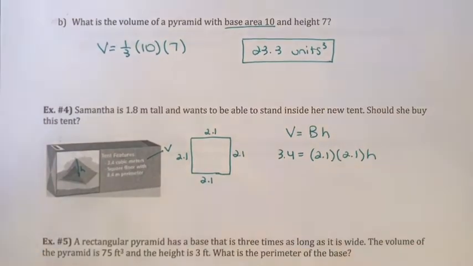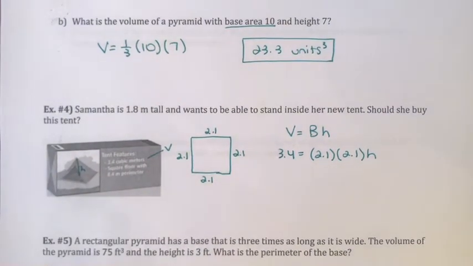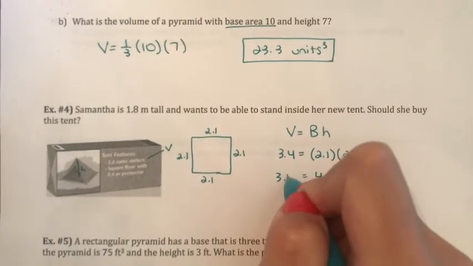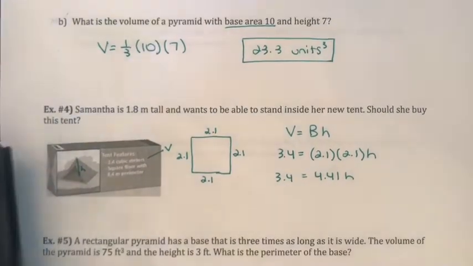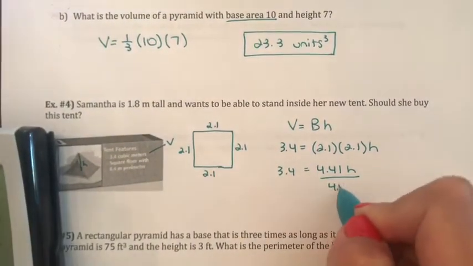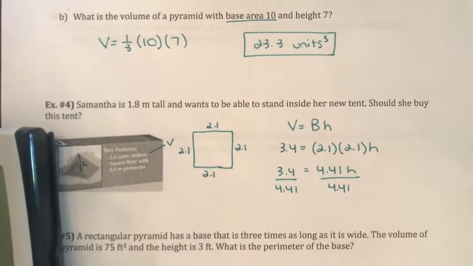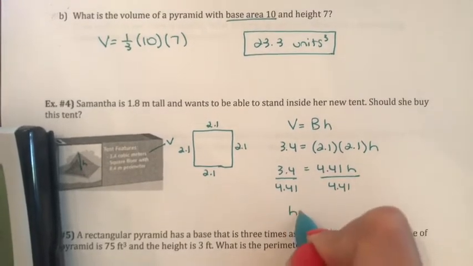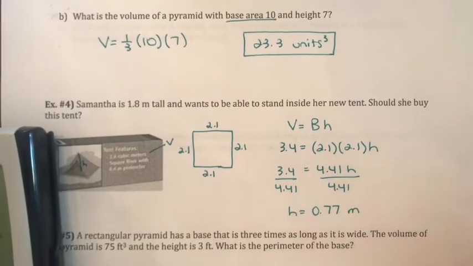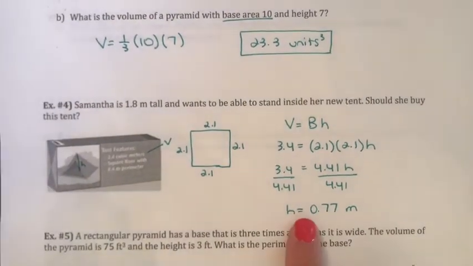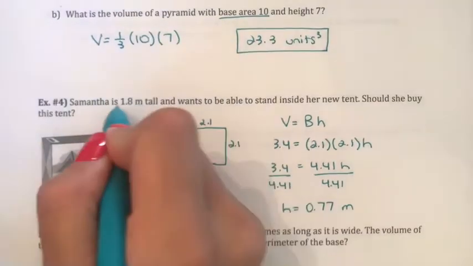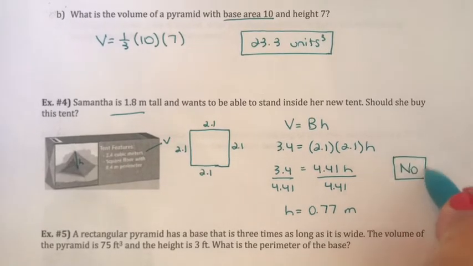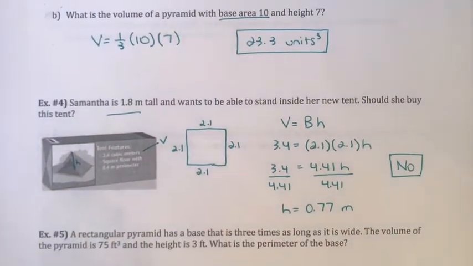So let's multiply 2.1 times itself. Okay. So if I were to solve for H, we get a height of 0.77 meters. Now, if the tent has a height of 0.77 meters, but she's 1.8 meters tall, there's no way that she's going to be able to stand inside that tent. Okay.